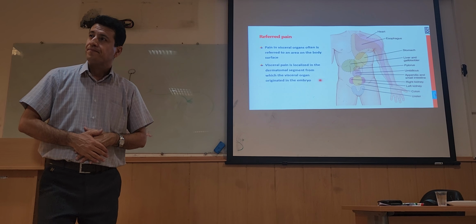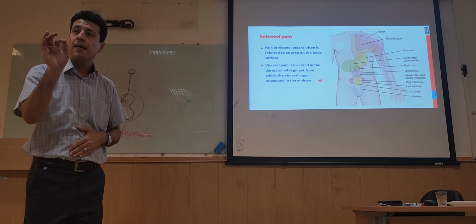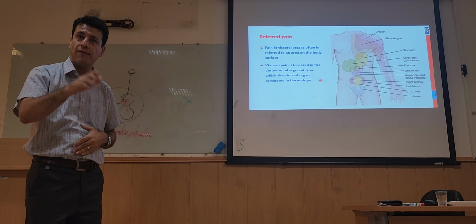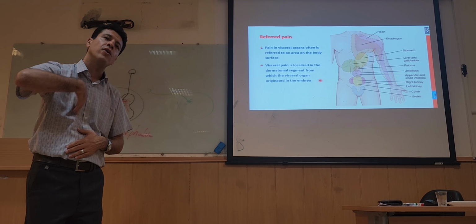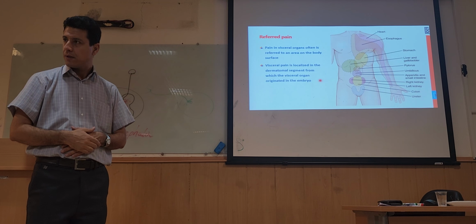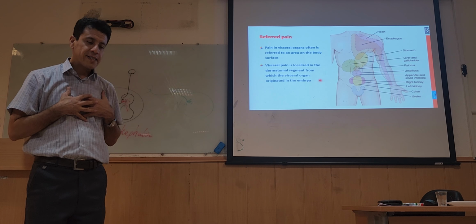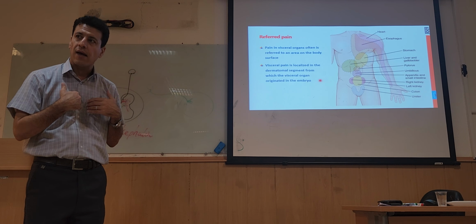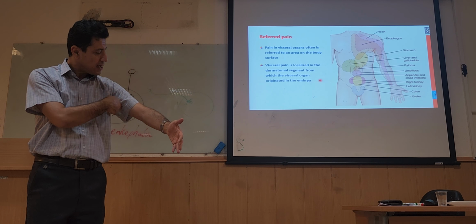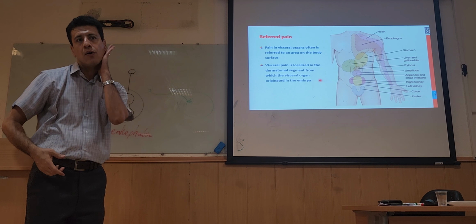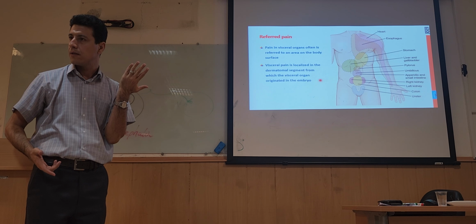Visceral pain is not sensed in the exact organ that is painful. It is referred to an area in the skin. Right? So a heart attack is not felt in the heart. It's felt in the internal aspect of the left arm or the neck.